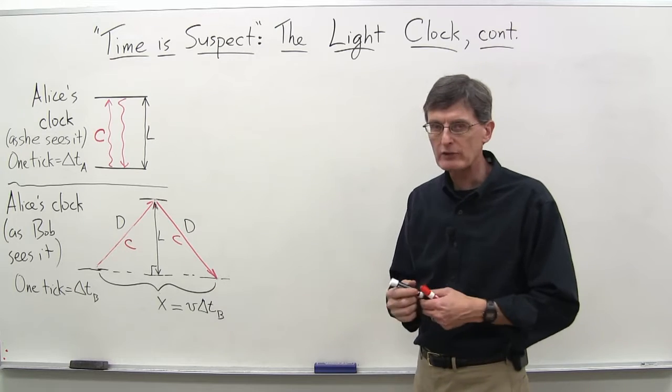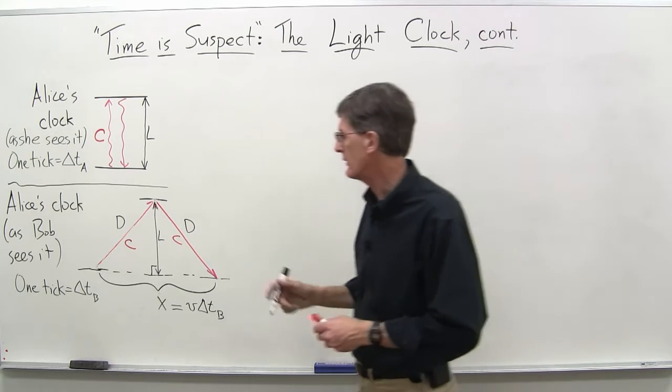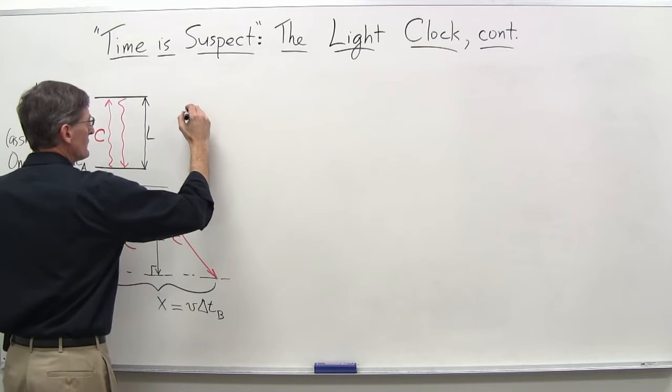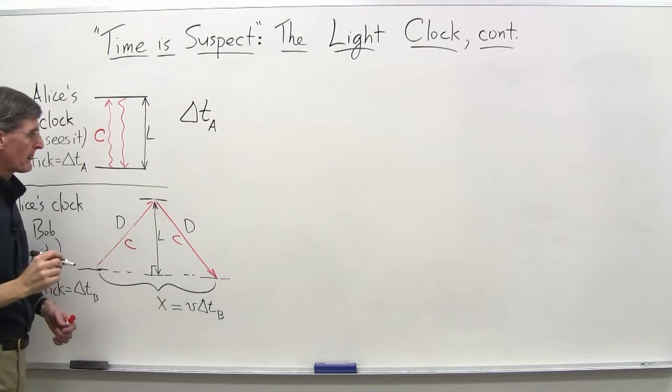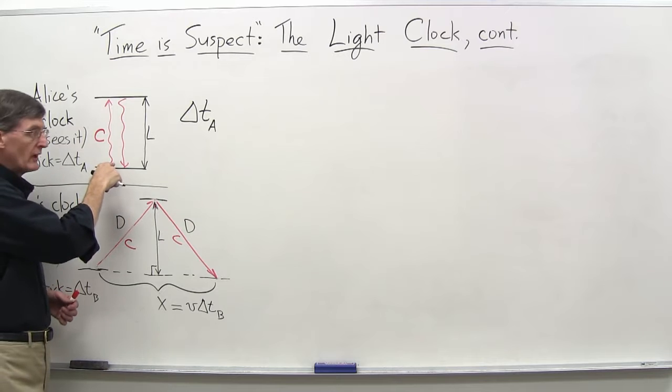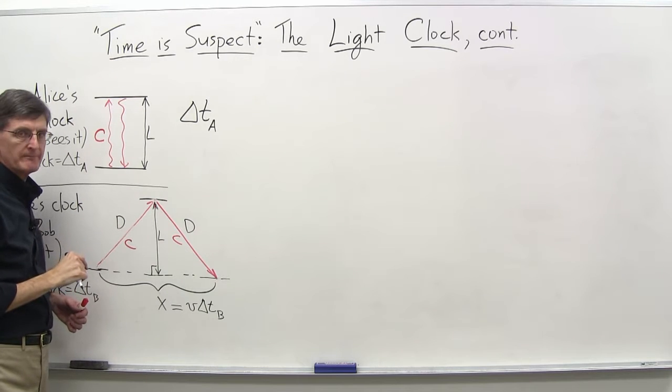In fact, let's write an equation then for delta T sub A that we can do here. So we've got delta T sub A is going to be the travel time up and back down again.